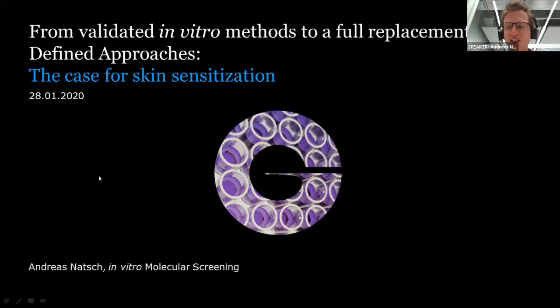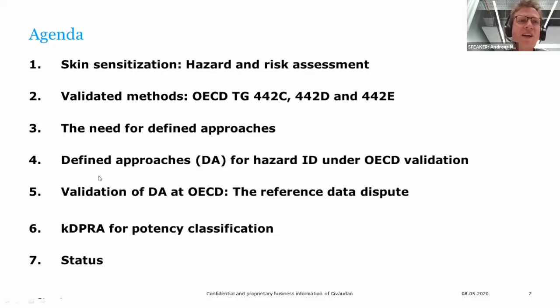So I will show you what we have in skin sensitization in terms of replacement of animal testing, what has been validated at the OECD as test guidelines, and then why we now need what we call defined approaches to combine these different methods.